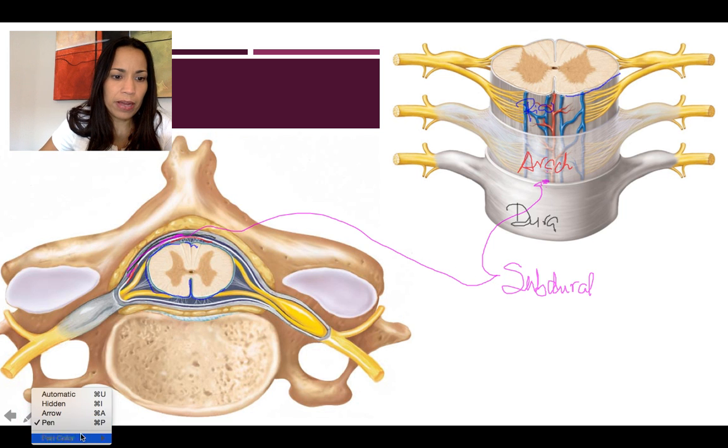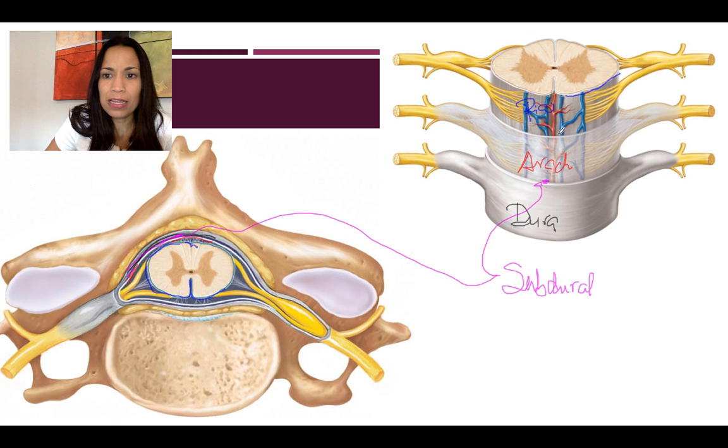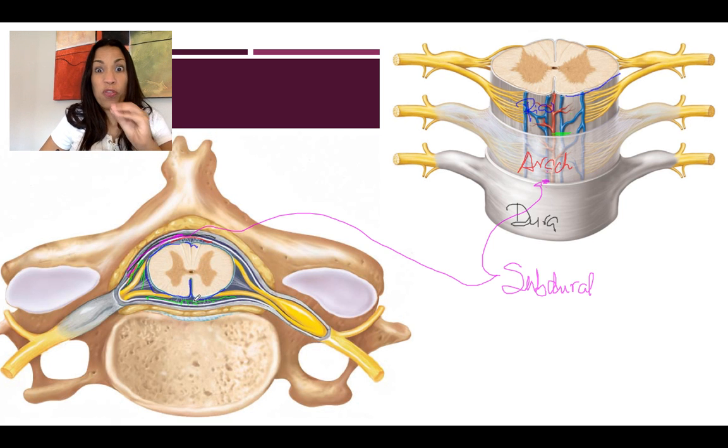And in green, I'm going to show you the subarachnoid space, which is wider, between the arachnoid and the pia mater. So all of this is the subarachnoid space. And as you can see, it has little threads that make it look like a spider web. These are the denticulate ligaments that we described before.